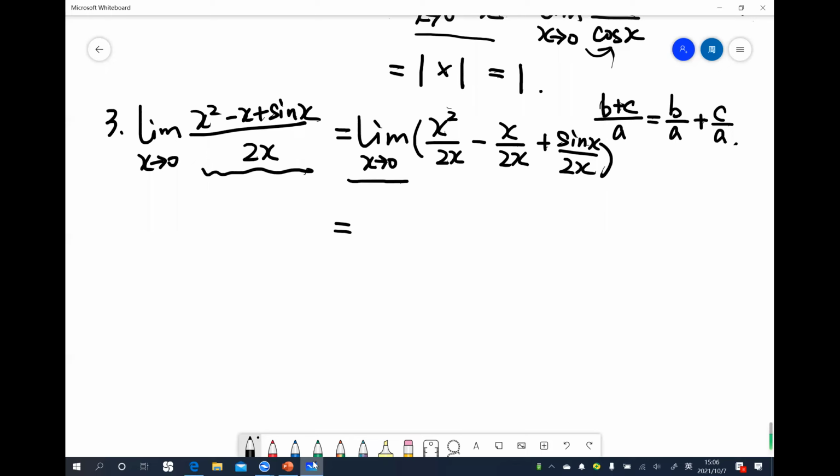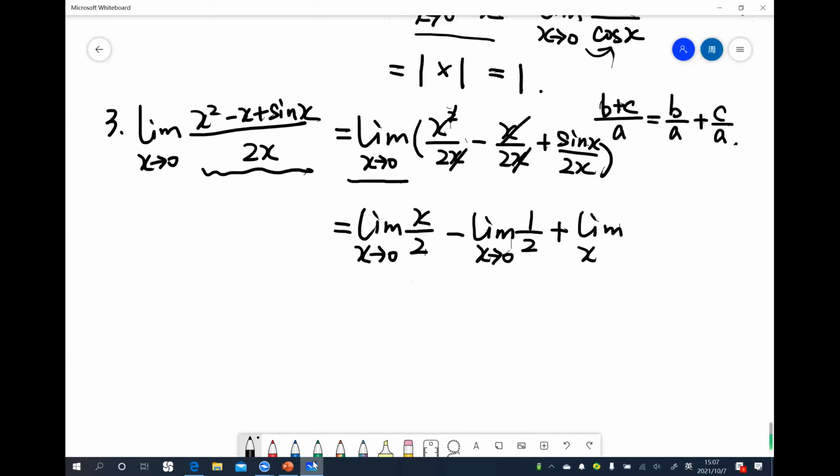So here we know for the first part, x can be cancelled. And for the second part, x can also be cancelled. So here we can use the difference rule, that is limit x approaches 0, the first part, that is x by 2, minus limit x approaches 0, 1 by 2, and plus the last part, limit x approaches 0, sine x by 2x.